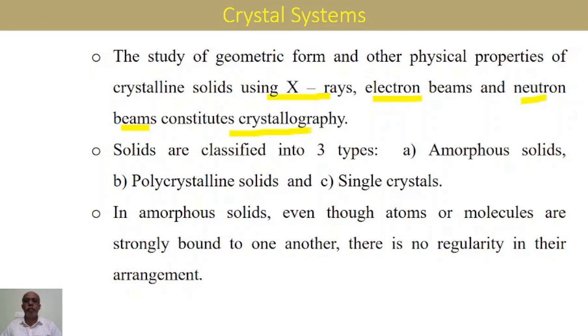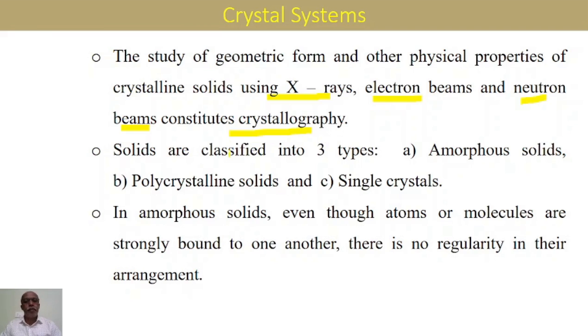In crystallography, with the aid of X-rays, electron beams, and neutron beams, we study the geometric form as well as the physical properties of the substance which is under consideration.